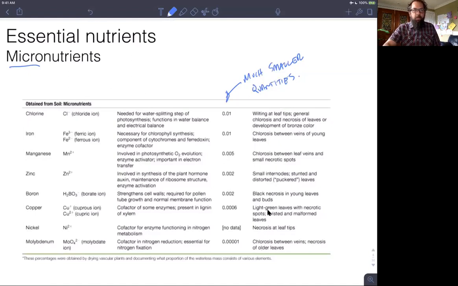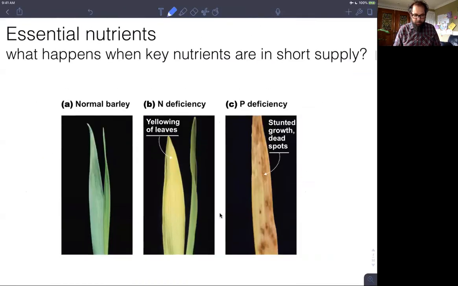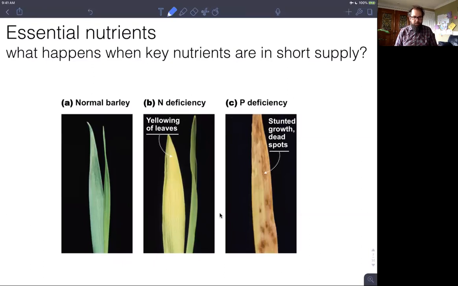And so if we take a look at what happens when these nutrients are in short supply, we see various different symptoms. And so here's just three leaves. These are barley leaves, so this is a grass. And we see a normal leaf growing here on the left. It's all green and healthy looking.